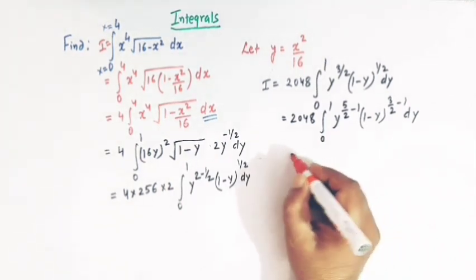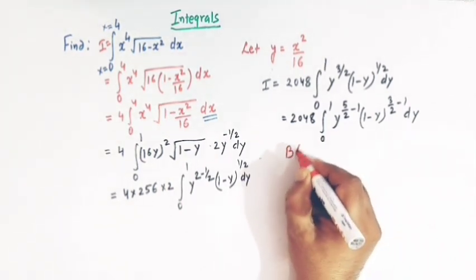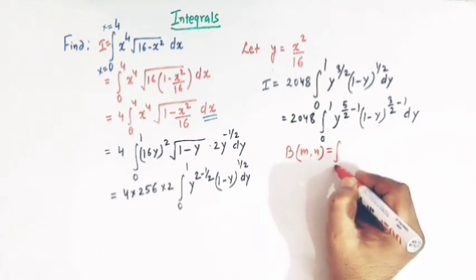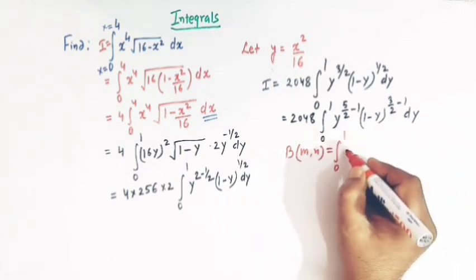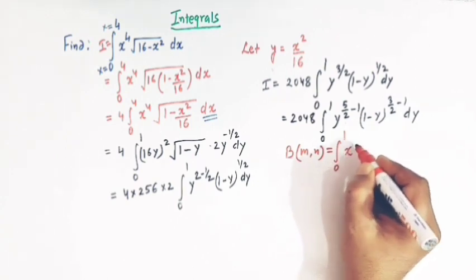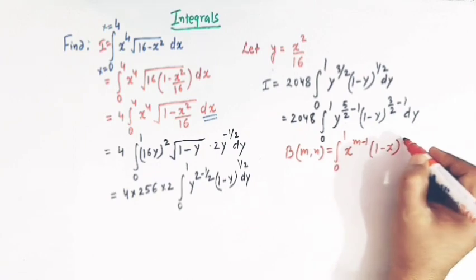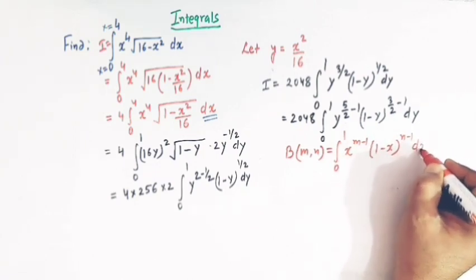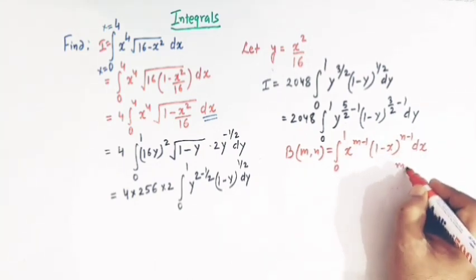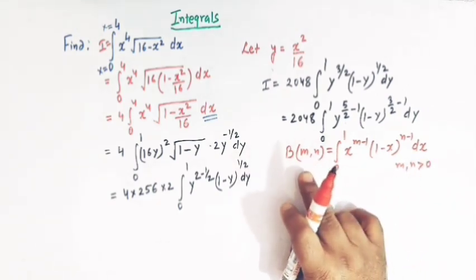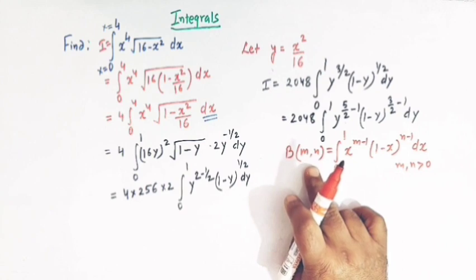So now see, the beta function is defined like this: beta of m, n can be written as the integral from 0 to 1 of x raised to m minus 1 and 1 minus x raised to n minus 1 dx, right? Where m and n are greater than 0. This is Euler's first integral.